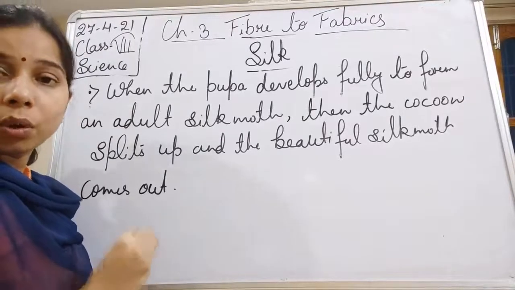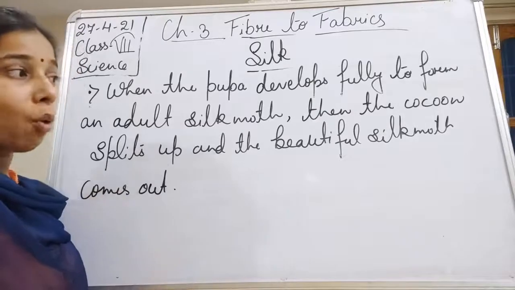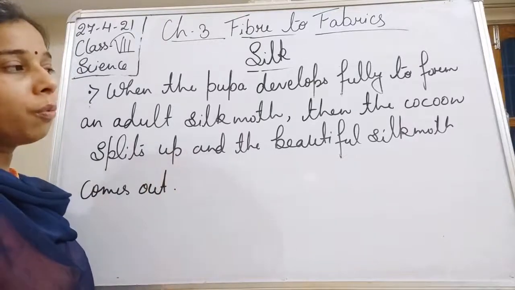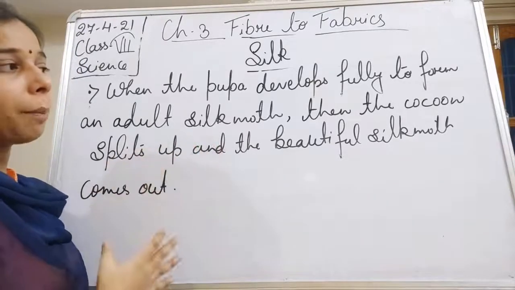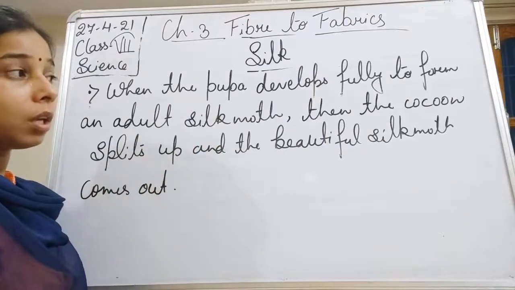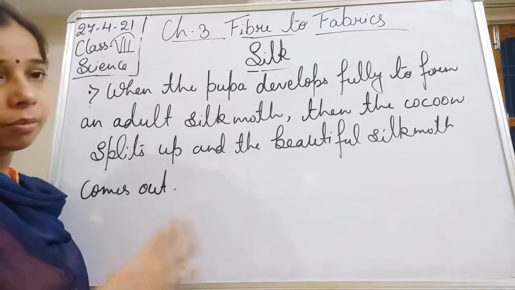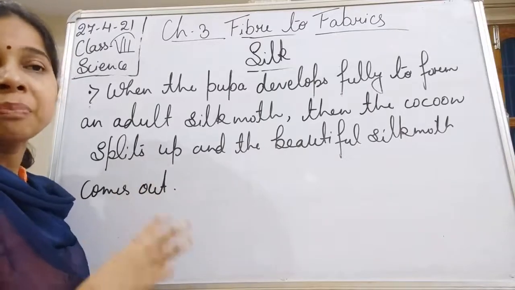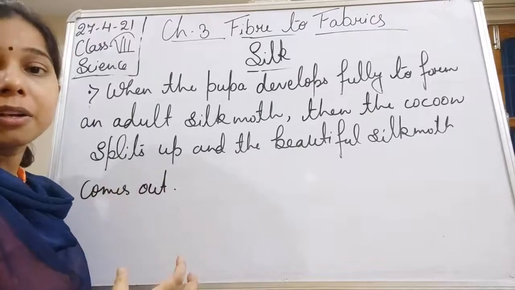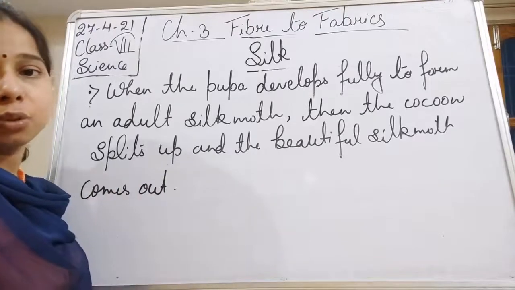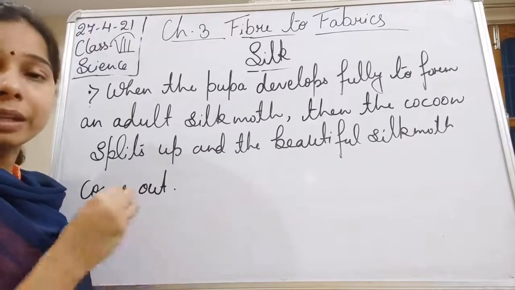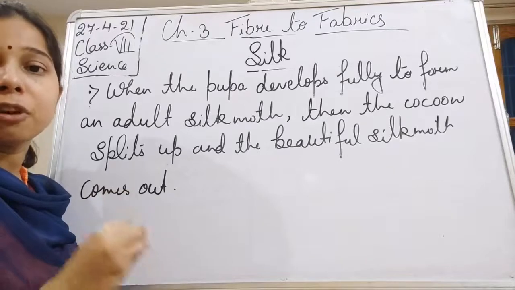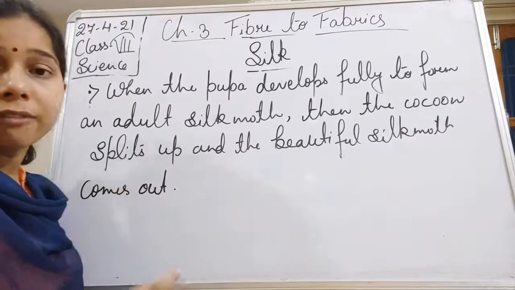We do not wait for the pupa to develop into the silk moth, but as soon as the cocoon is formed, we remove the larva, the caterpillar, from the cocoon.